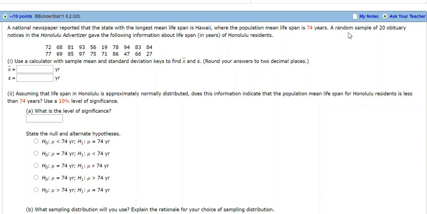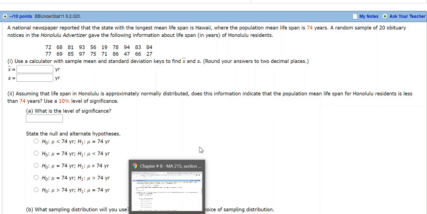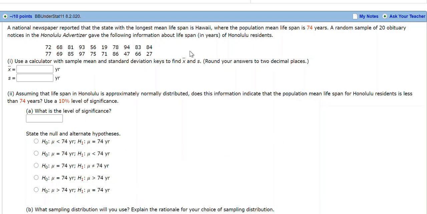So we have a random sample, roughly mound-shaped, and independent samples. That's why we use the student's t. Another clue is that we are not told the standard deviation of the entire population of Honolulu.